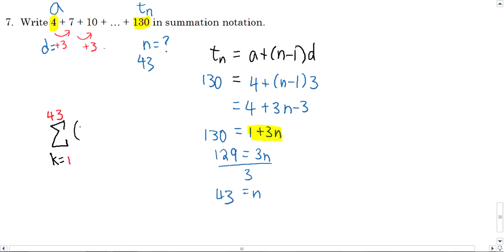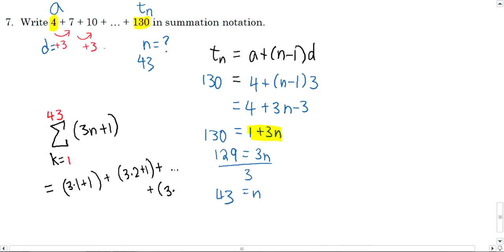Alright, let's check to see if this is true. Let's just expand it, put in 1 for n, so 3 times 1 plus 1 is the first term, plus the next term, 3 times 2 plus 1, plus dot dot dot, and then, running out of space here, let's do the last term: plus 3 times 43 plus 1.